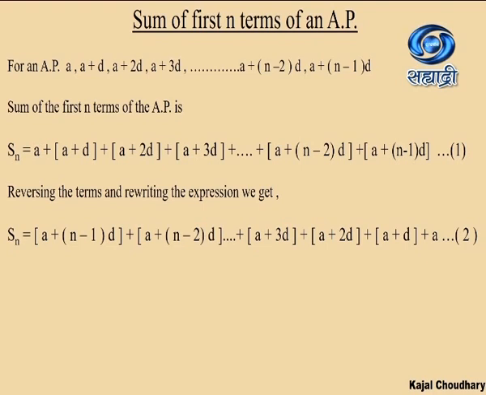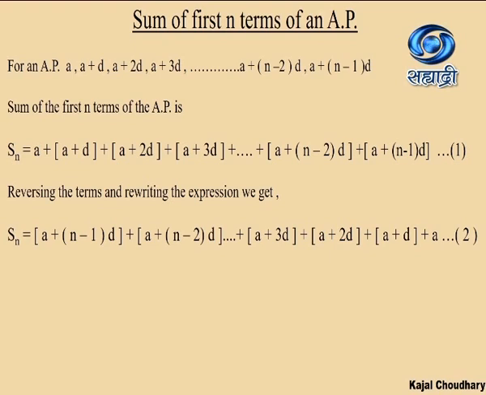So in the first equation, we have Sn as the addition of numbers from the first term to the last term of the AP. In the second equation, we have the addition from the last term to the first term. As in both cases the additions are the same, it doesn't matter how we write it.